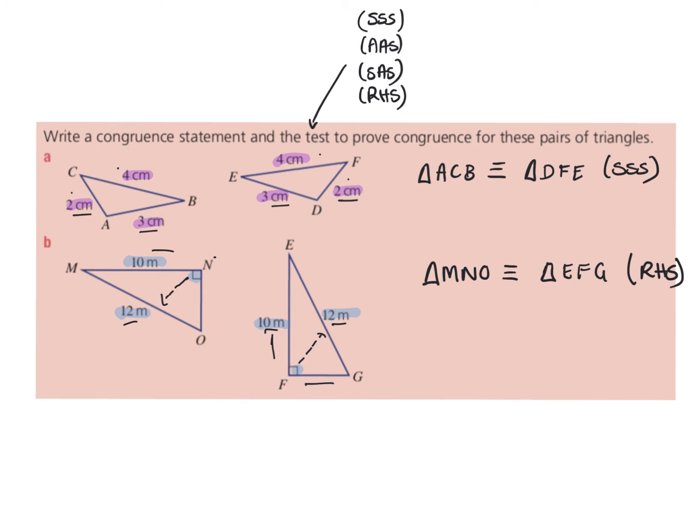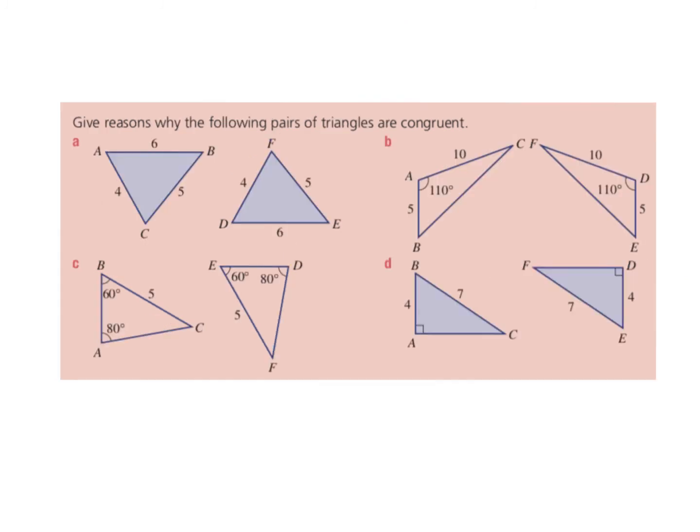Yeah? Okay, so with these ones, we're just going to be a little bit quicker, and I'll just try to find the reasons. Okay, so up here, I'm going to go triangle ABC is congruent with, sorry, I've run out of room. Now I'm just looking for the same.